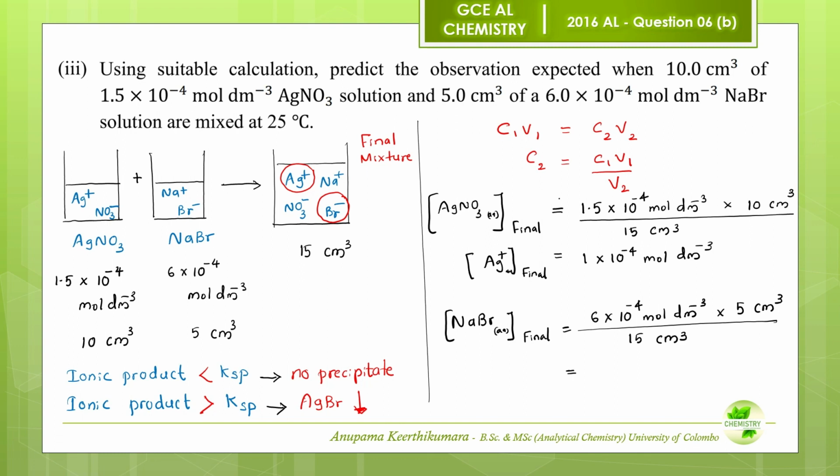Therefore, the diluted concentration is 2 times 10^-4 moles per cubic decimeter. Sodium bromide: one molecule gives one bromide ion. The stoichiometry between NaBr and Br- is 1:1. Therefore, the Br- concentration in the final mixture, or the diluted mixture, is also the same as the concentration of NaBr.